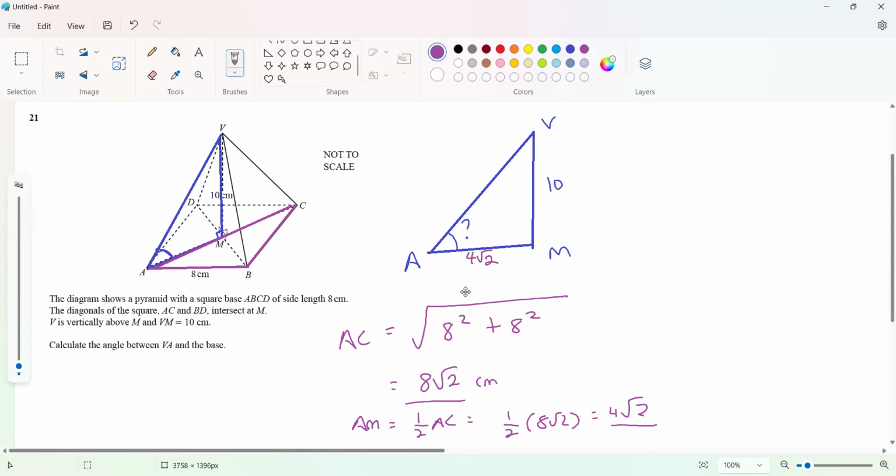So with two lengths available, I can now calculate my angle. Based on this angle's reference, this is opposite, this is adjacent, and this is hypotenuse. So I'm going to use TOA. So tangent of BAM equals opposite over adjacent.